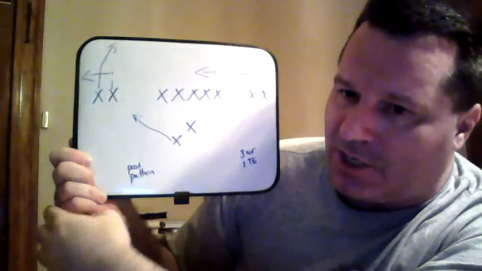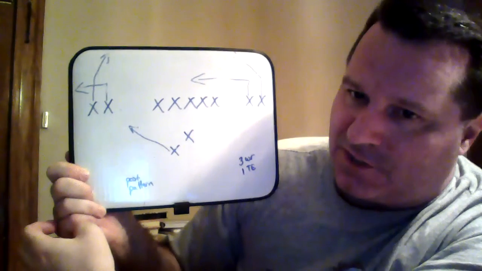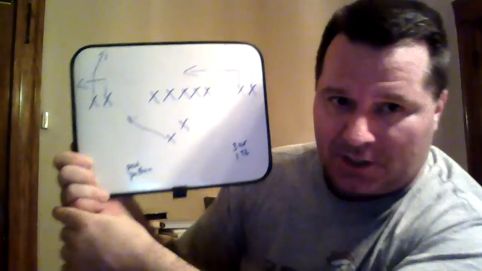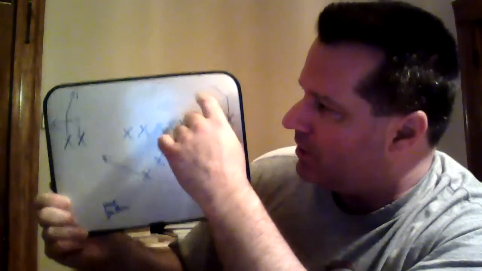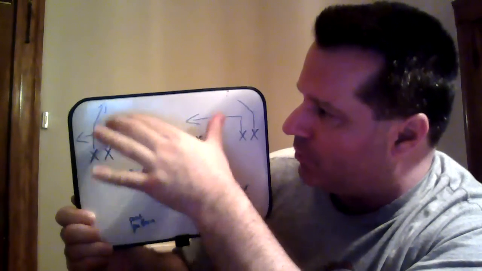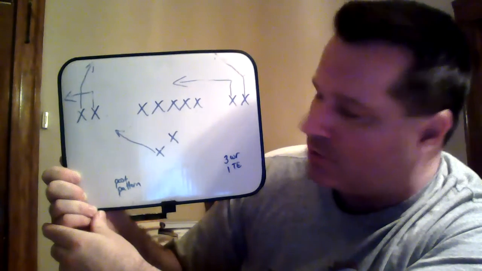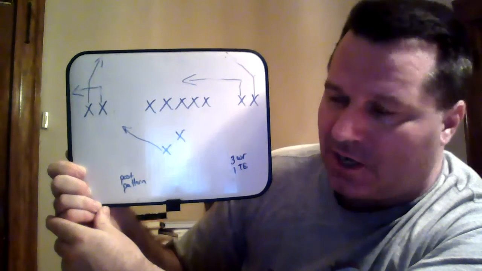If you don't take any shots down the field, it's going to be tough for them to move the ball, unless the defensive backs are really horrible and can't cover the short passes. But most defensive backs in the NFL nowadays won't be able to cover those. So you've got to take some shots down the field to loosen them up so those 15-yard intermediate routes are open. Those are the most important routes that will move the chains, get the first downs, and end up scoring touchdowns for you.